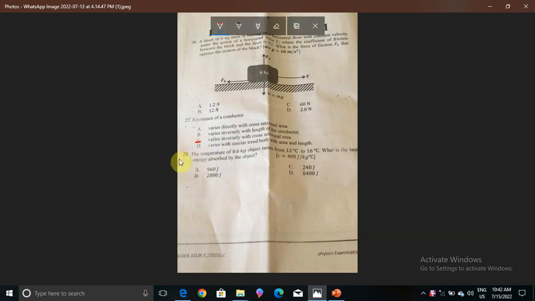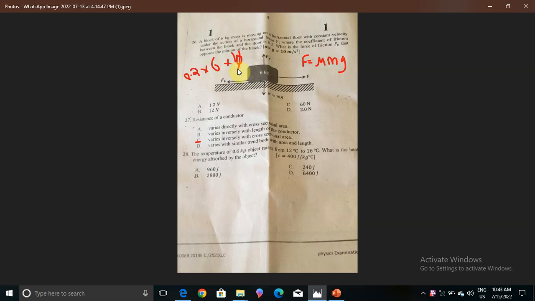But before going to question number 28, in question number 26 there's something wrong. It will not be 60 Newton, it will be 12 Newton. Why? Because when we use the formula friction is equal to coefficient times mass times gravity, as we said before, it will be 0.2 times 6 times 10, right?